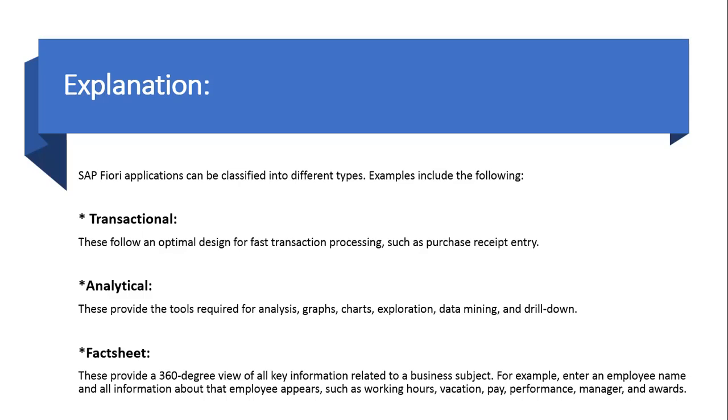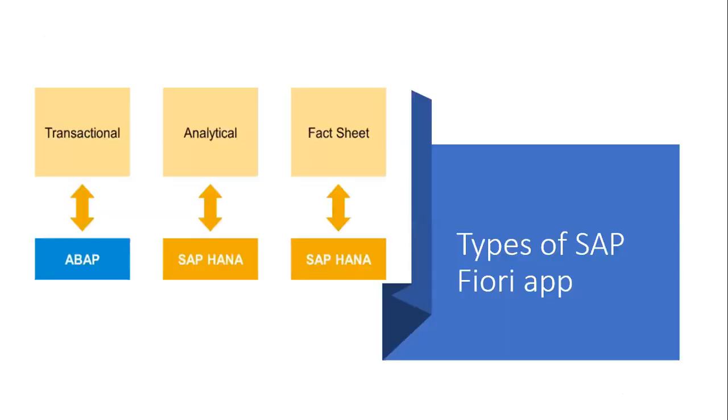Analytics tools include analysis, graphs, charts, exploration, data mining. You can do that using your Fiori. And fact sheets look at business subjects, like names of employees, working hours, vacations, and all that. These are core to giving the user and the business a very wonderful experience.